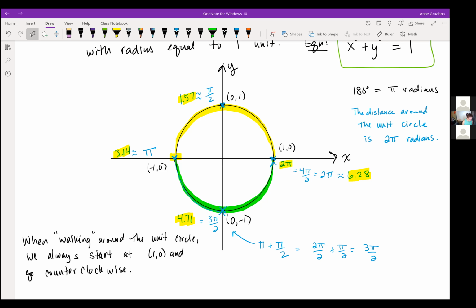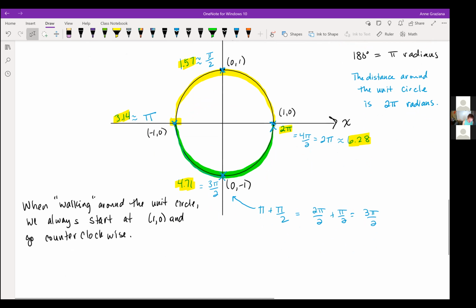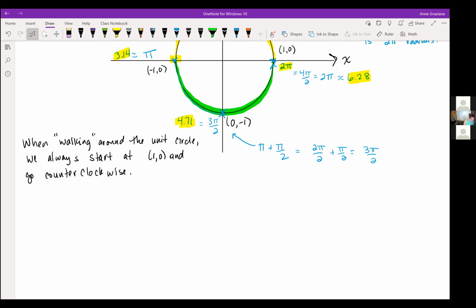Okay. All right. So let's practice walking around the circle. Walk again, walk around the unit circle.